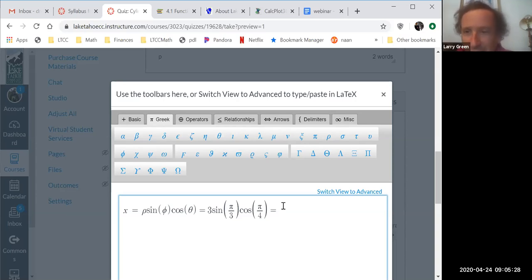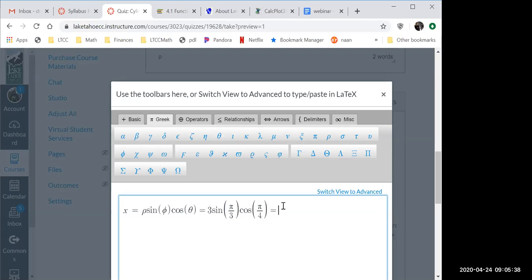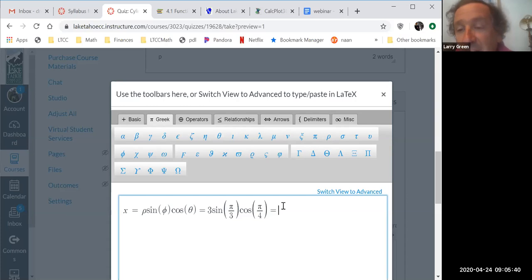Nobody remembers sine of pi over 3? Yeah, sine of pi over 3 is square root of 3 over 2. And what is the cosine of pi over 4? Root 2 over 2. Yeah, so we get the square root of 6 over 4 times 3.